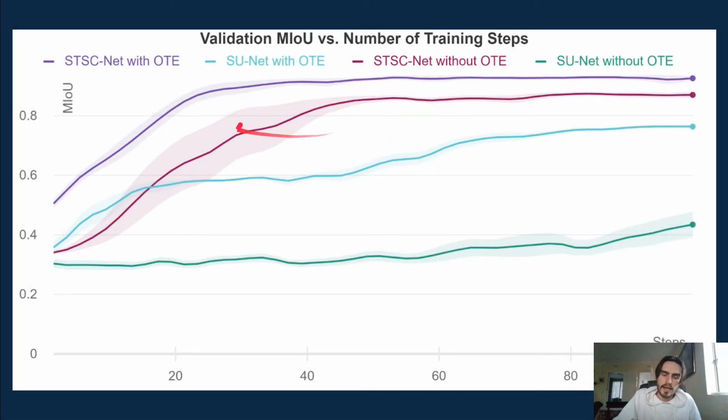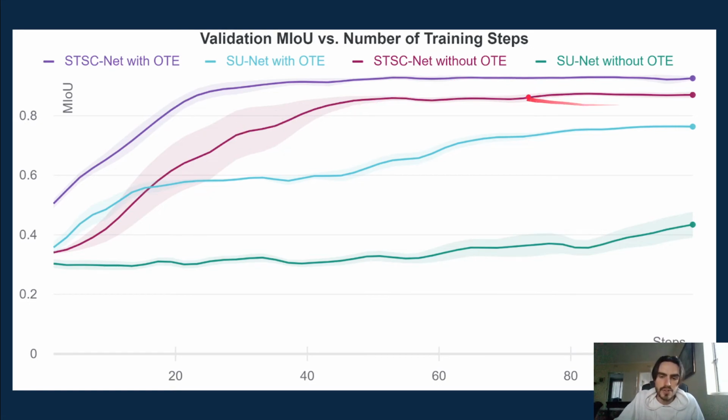Interestingly, with translated skip connections without OTE, you can see the variance around here is quite high. We theorize that this is because the information provided by translated skip connections is very complex, because it's being translated around the image, and without optional translational equivariance, the network has no idea where its inputs are actually coming from in the image.